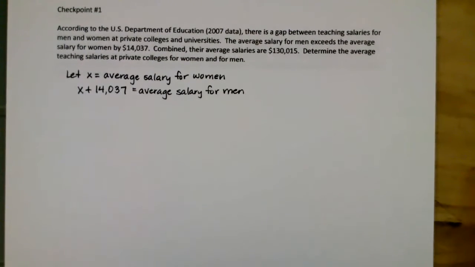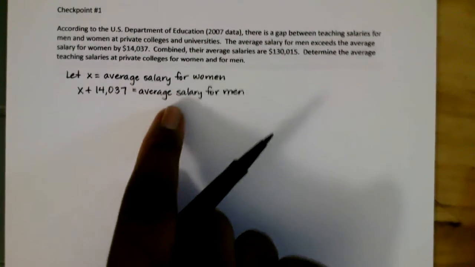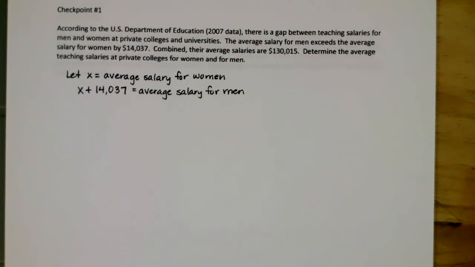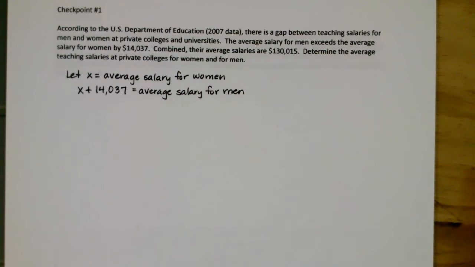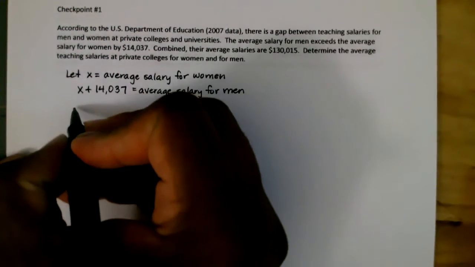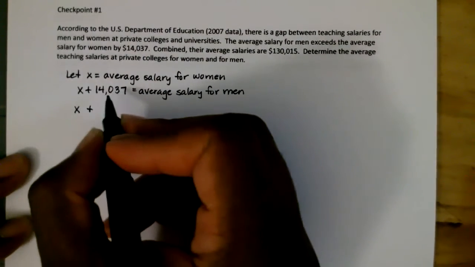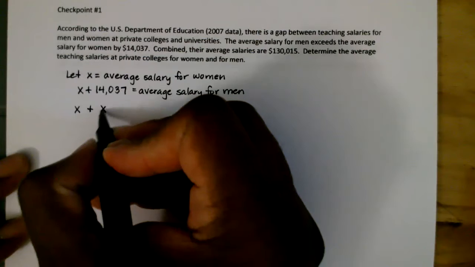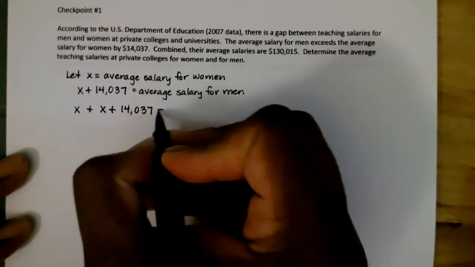All right. Now, we're also told in the next sentence, combined, their average salaries are $130,015. That means the average salary for women plus the average salary for men equals this amount. So when we write our equation, it's going to be the average salary for women, that's x, plus the expression for the average salary for men, that will be x plus $14,037.